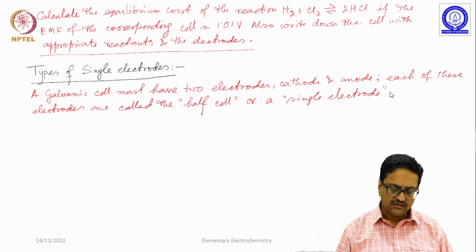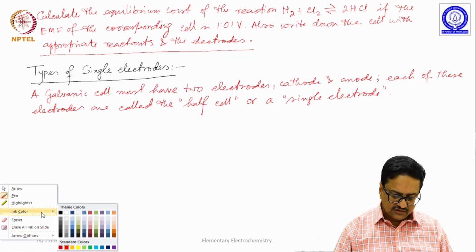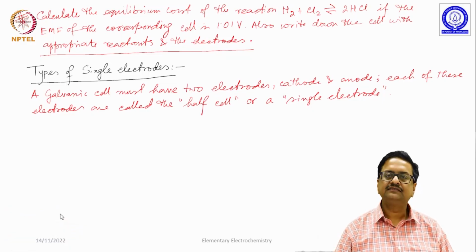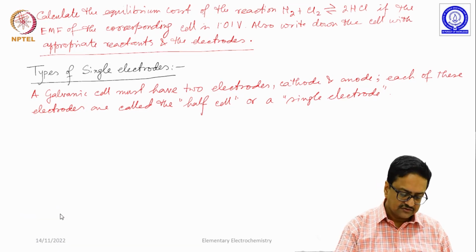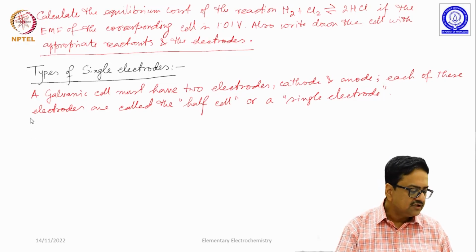And depending on the type and nature of its constituents or the chemicals that are used, there are several types of such electrodes. So let us try to understand some of those one by one.